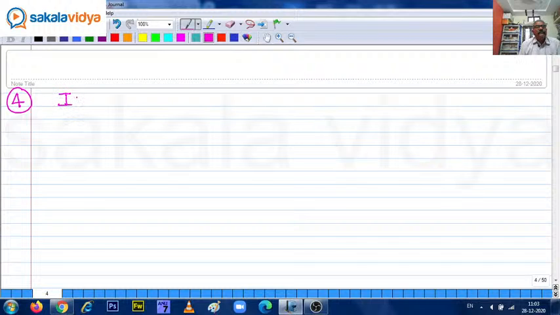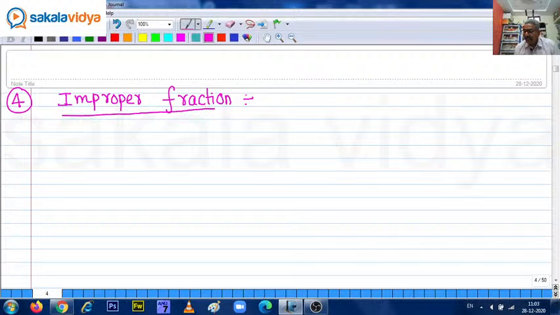Improper fraction. See, improper fraction is also a rational fraction, but we need to write like this.